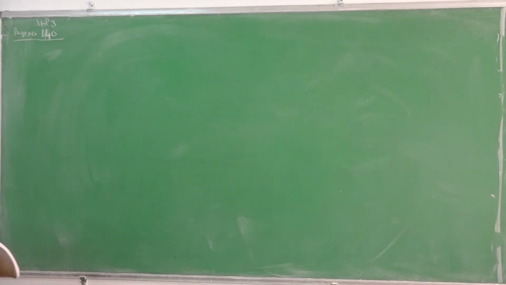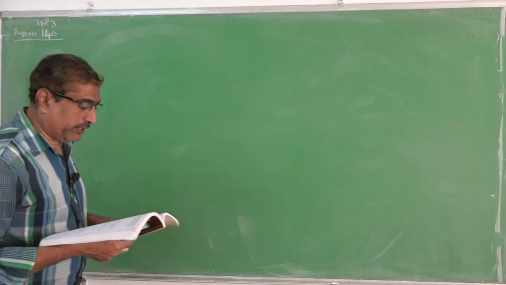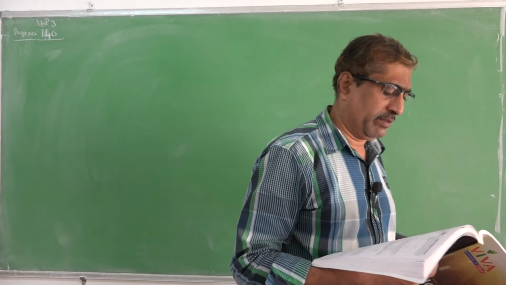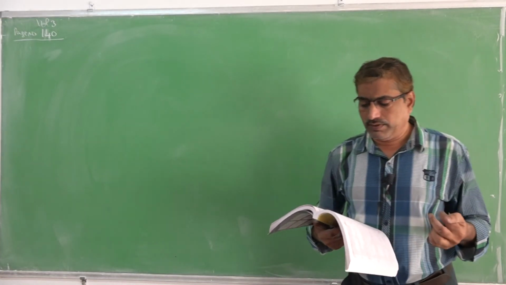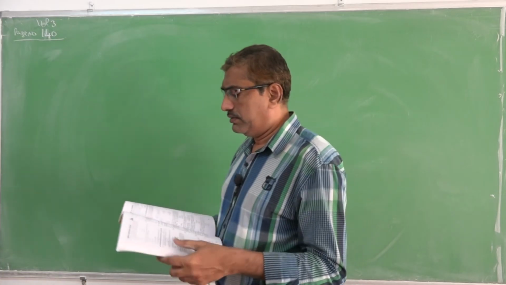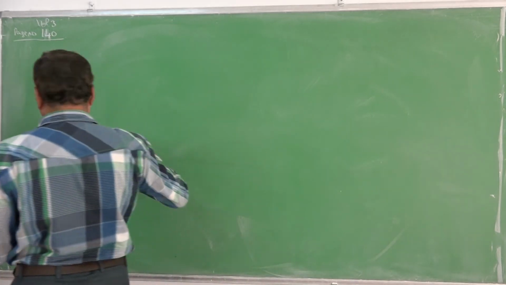Now a body executing SHM. If the force acting on the body is 6 Newton when the displacement is 2 centimeter, then the force acting on the body when the displacement is 3 centimeter in Newton is? That's a simple one.